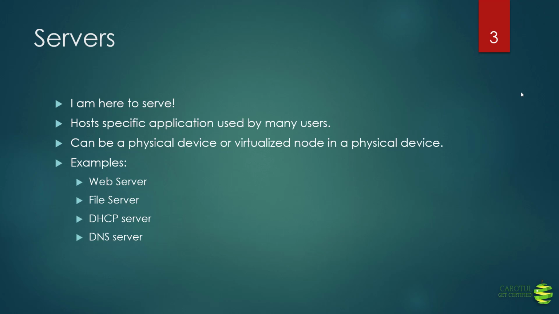These are names which you can easily remember, instead of some IP address or number system. That's where the DNS server comes into the picture, Domain Name System, which simply takes your name and converts it to an IP address, the address which is used by the computer. So a very, very useful server. These are some examples I'm giving you. Different kinds of problems are solved by different types of applications, right? And that application is hosted on that server.